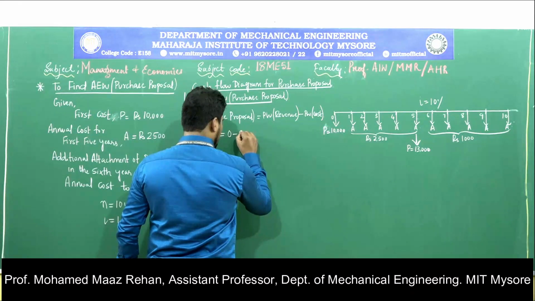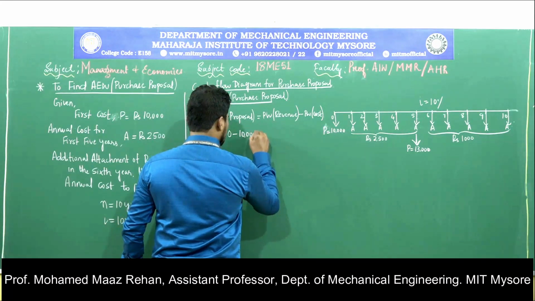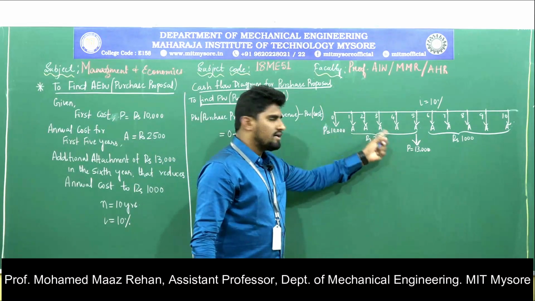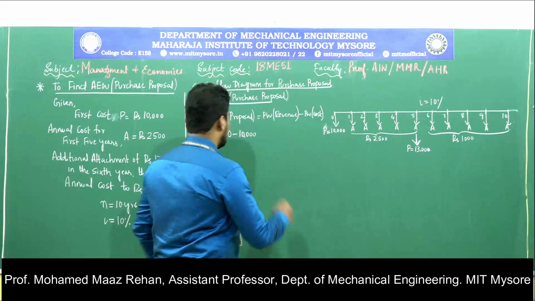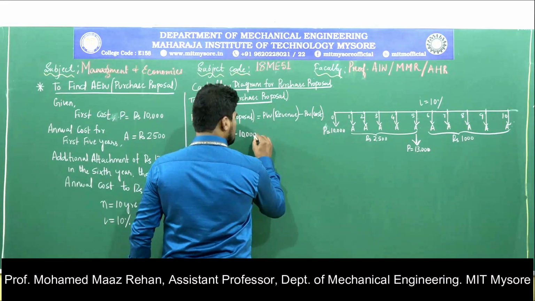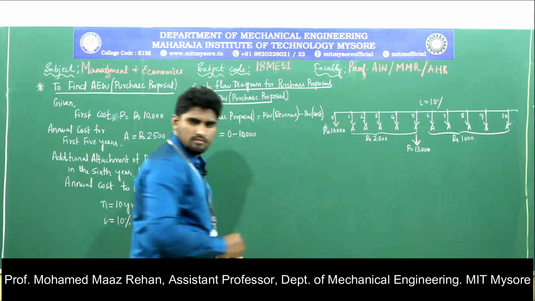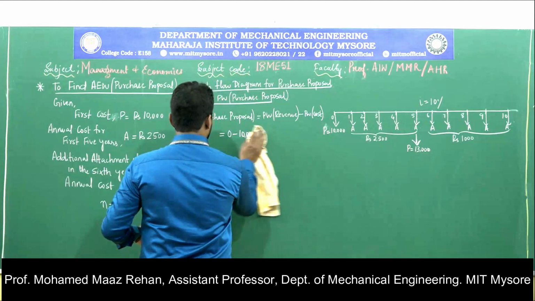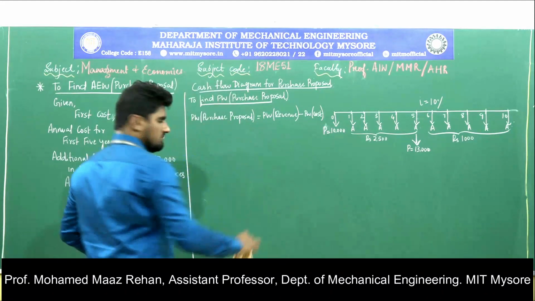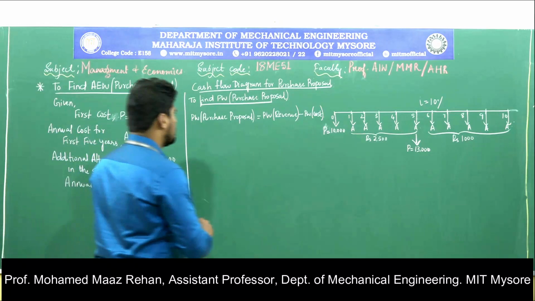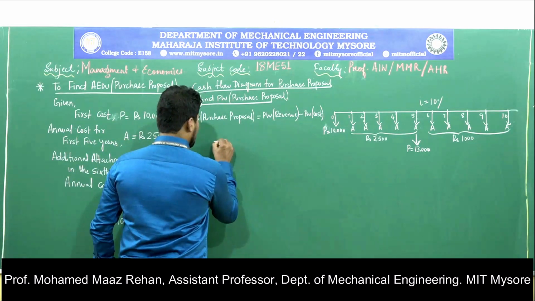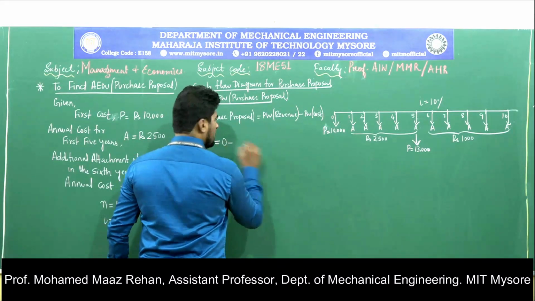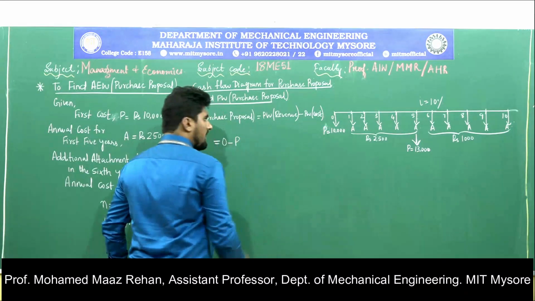So I can directly take it as 10,000. Here we have only 2,500 for the first 5 years. How can we write this? Revenue we don't have anything, that is 0, minus this is at time 0, you keep as it is.